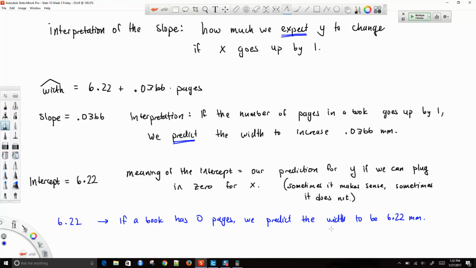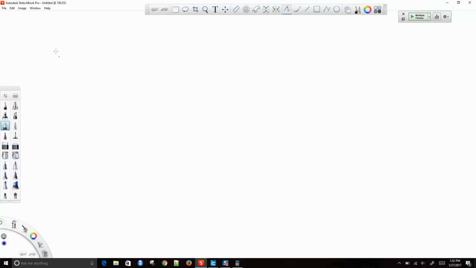On the other hand, we could have something like, we want to predict the weight of a snake based on its length. I'm just completely making up numbers. I have no idea how much snakes weigh, or what units these are in.